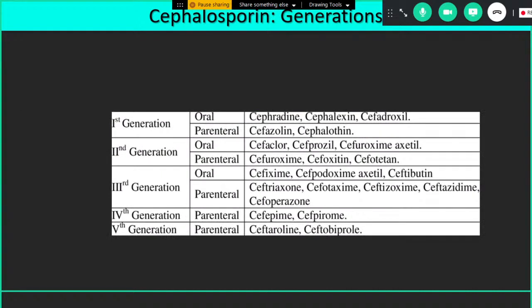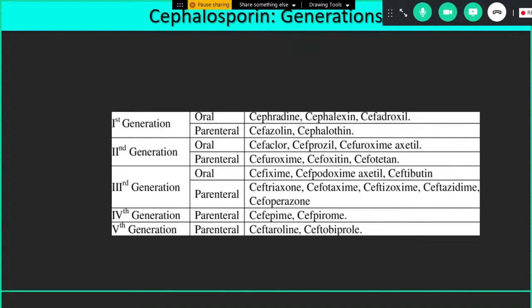You can see the generations here. In the first generation, cefazolin is a very important drug, and it is used for surgical prophylaxis. Second generation, cefuroxime is good. Third generation, ceftriaxone is there, and cefotaxime is there, which is very commonly used.